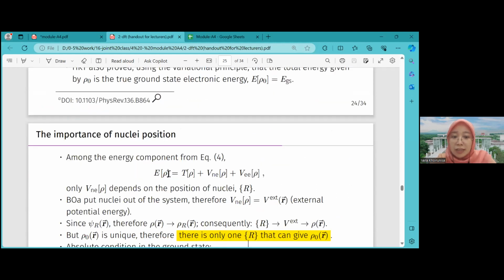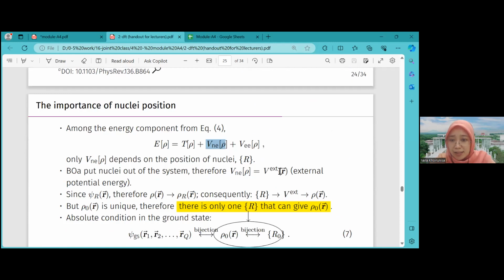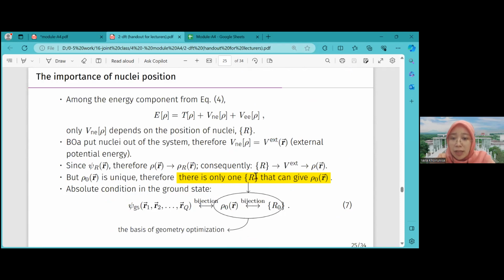One component of the energy is VNA, or we can call it V external. In the V external, there is only one parameter R that gives rho zero. So we have three bijections here.